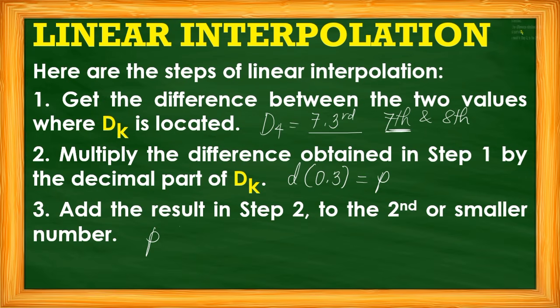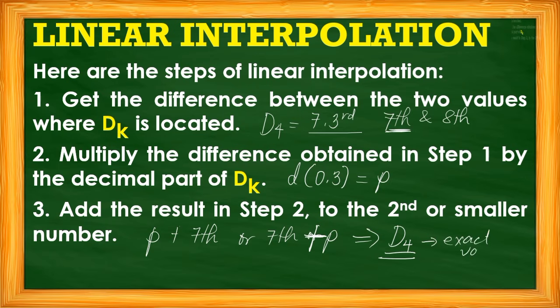So 7 plus p, or p plus 7. Only then can we get the value of D sub 4, the exact value and the exact position.